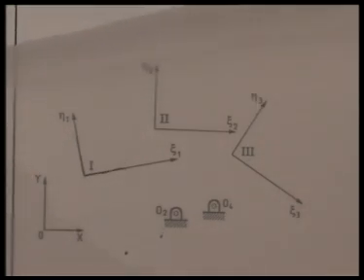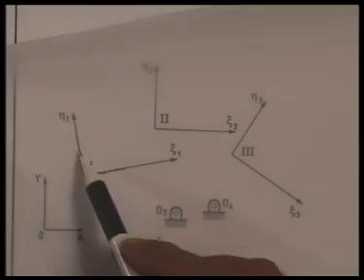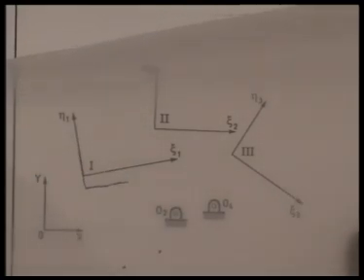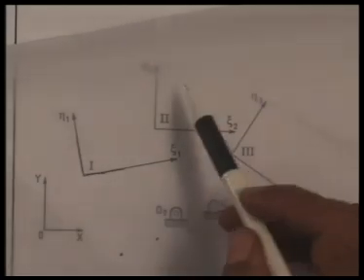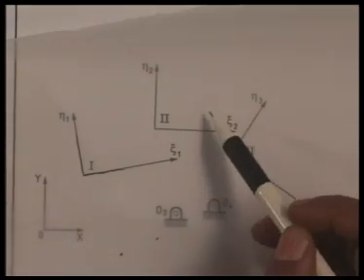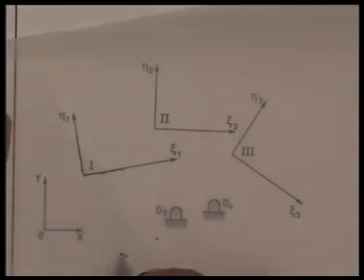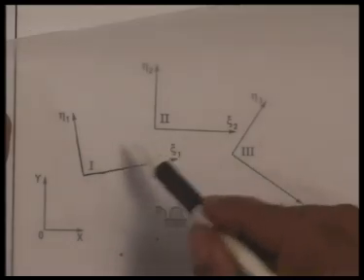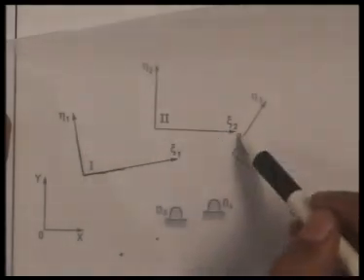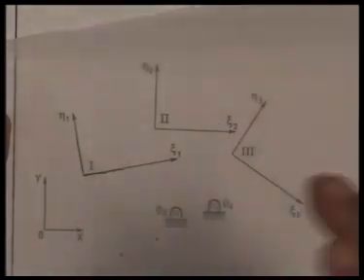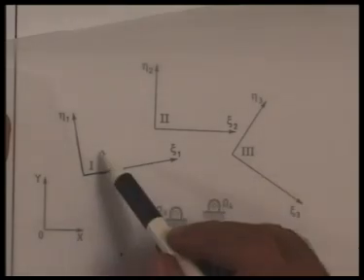That means I coincide eta 2 with eta 1 and zeta 2 with zeta 1. So the second position, if I hold the coupler fixed in the first position, then O2 and O4 move to these 2 positions. This is O2, this is O4, having the same relative positions in the second configuration. But I have fixed the coupler in the first position.